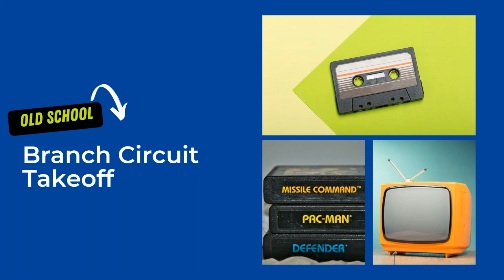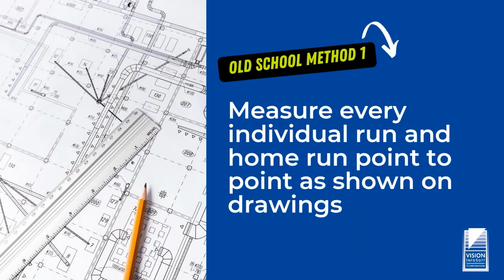So the old school method is the way I was taught. You measure every individual run in the drawings the way it's shown, point to point. And again, that's the way I was taught. So I did a lot of my early estimating just doing the very tedious type of takeoff where you measure and count every single circuit, every run in the drawing.